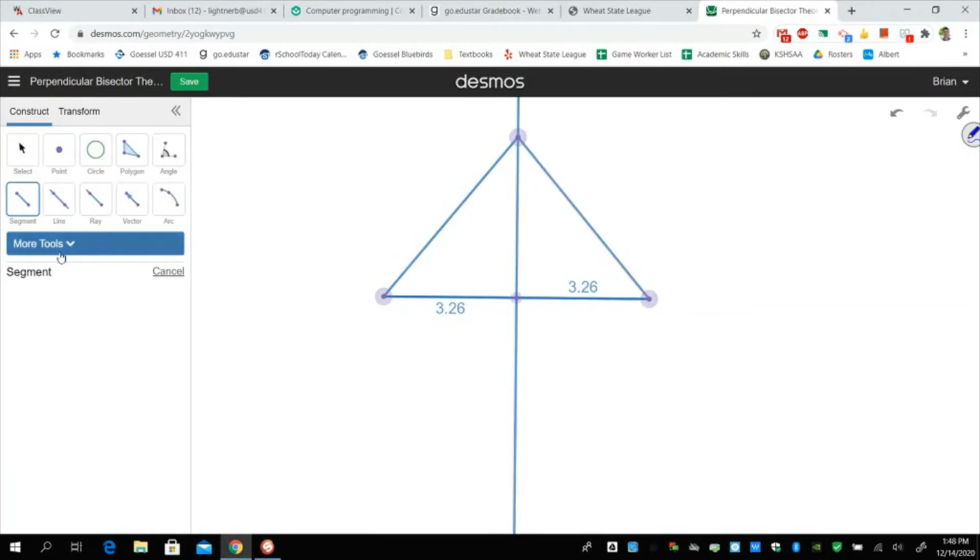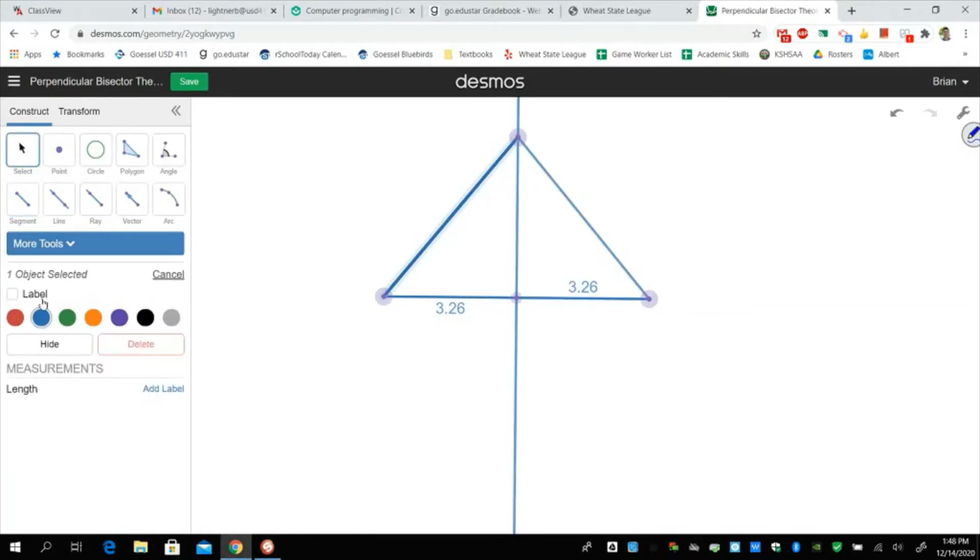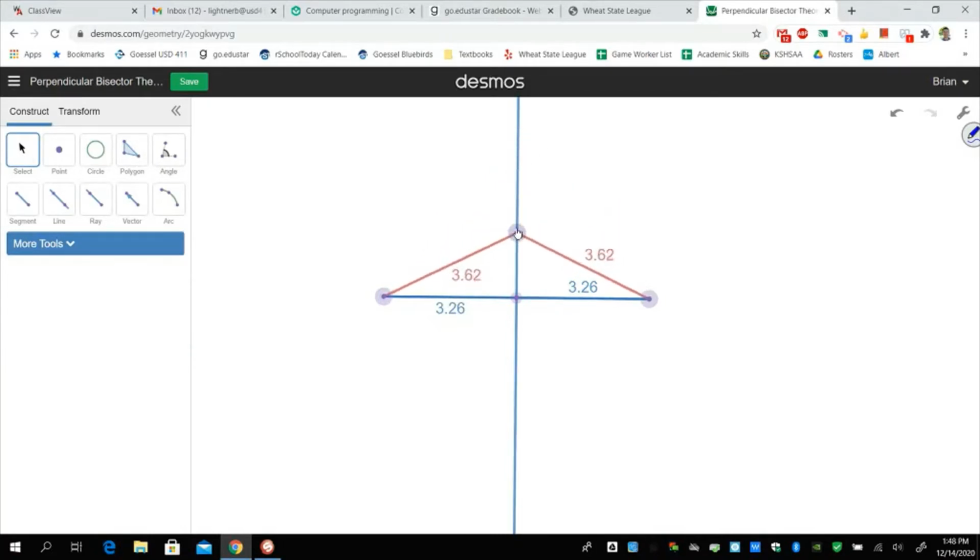What type of triangle is it showing you? If those two sides are the same length, you should have an isosceles triangle. So if you have a perpendicular bisector and a point on it, you're going to have an isosceles triangle. No matter where I move that point, it's always the same distance from both endpoints. And the converse is going to be true as well.